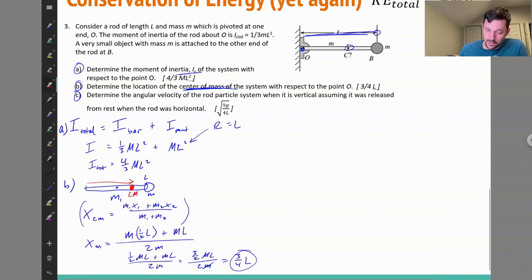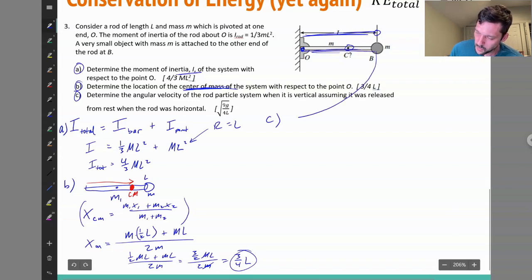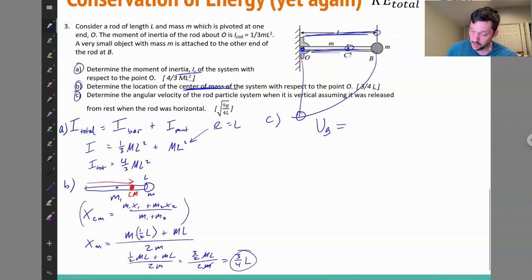And now we can actually get into solving the energy part of this. So for part C, as this thing swings down from this position to here, we've got gravitational potential energy, which is going to turn into, what's it going to turn into? You might be tempted to say it's going to turn into translational kinetic energy and rotational kinetic energy.